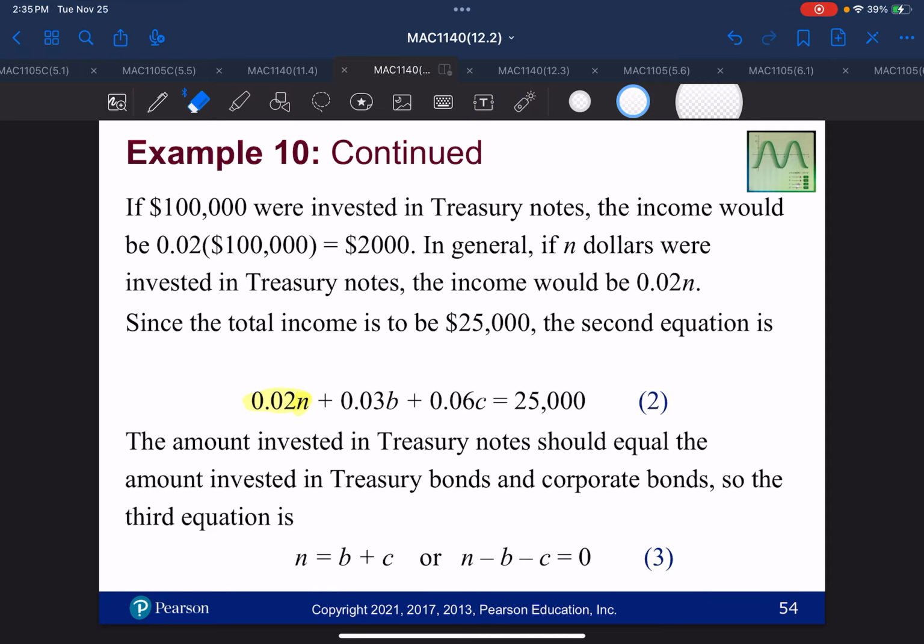So the sum of all of those three should equal the total amount gained from these investments, and I want that to equal 25,000. So this is where I get my second equation from.